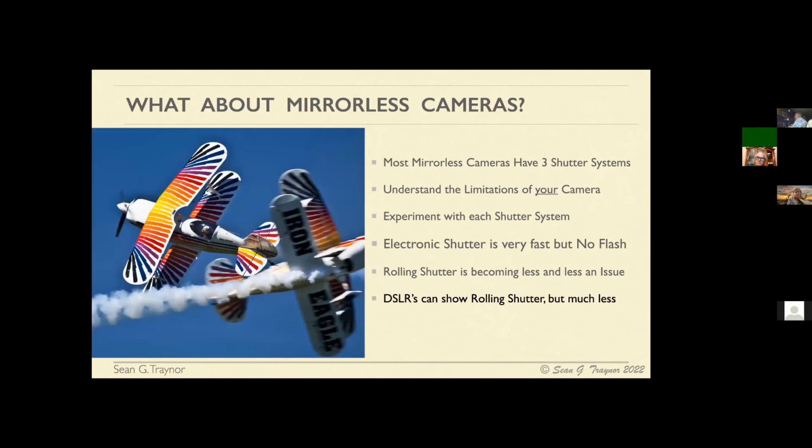Here's an extraordinary photograph that I took about 15 years ago. And this is an example where a digital SLR has shown a rolling shutter. Here are 2 aircraft doing a flyby. And the aircraft on the right is clearly in front of the aircraft on the left.